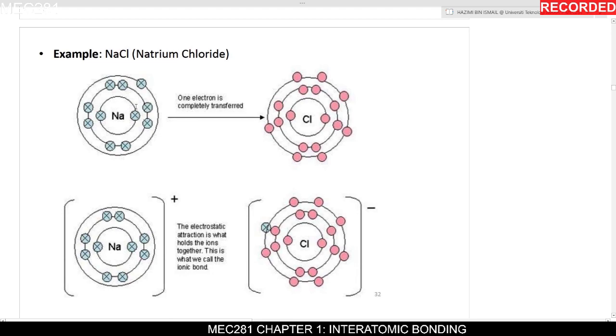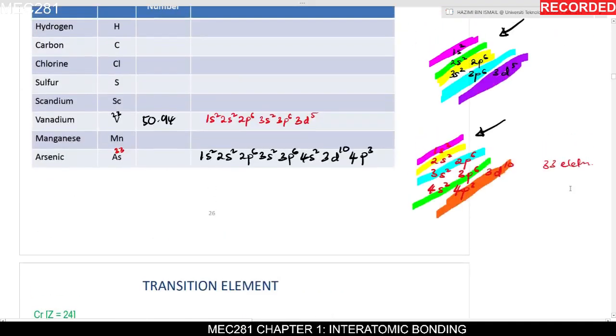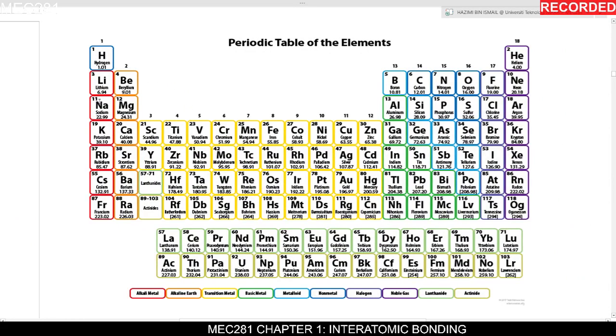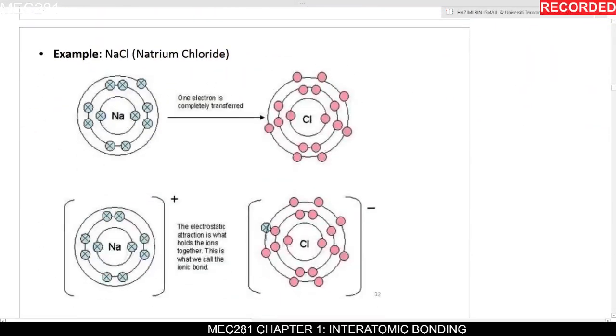How many electrons does sodium have? If you do not remember, just refer to the periodic table. There are 11 electrons. You can count it yourself: 1, 2, 3, 4, 5, 6, 7, 8, 9, 10, and 1 at the valence, the most outer shell.